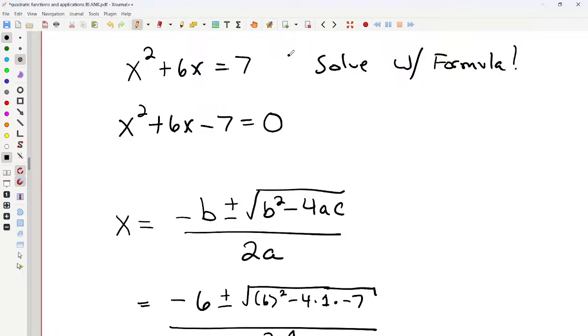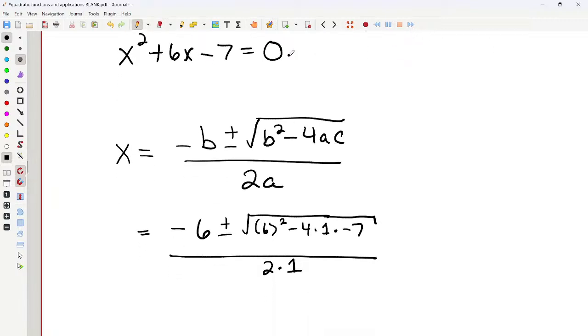Make it 0, identify a, b, c. Don't have to memorize that formula. Substitute in the values. And number crunch in your head or number crunch with a calculator.